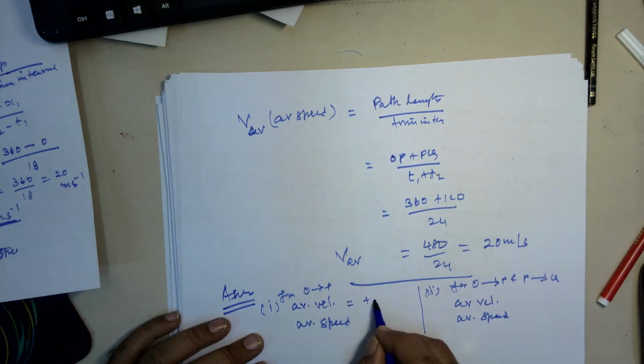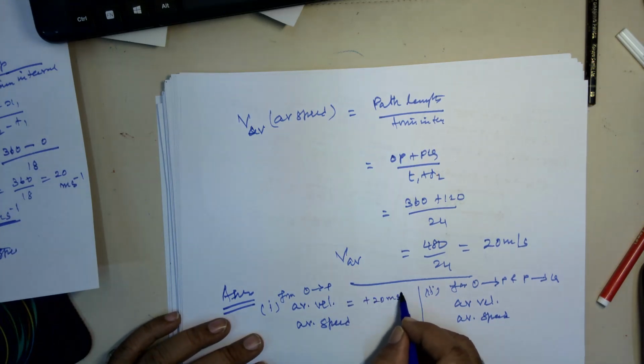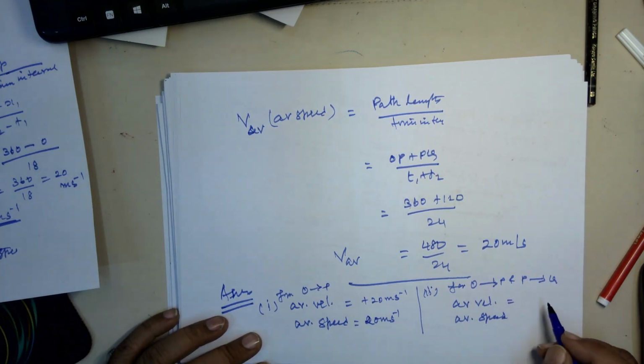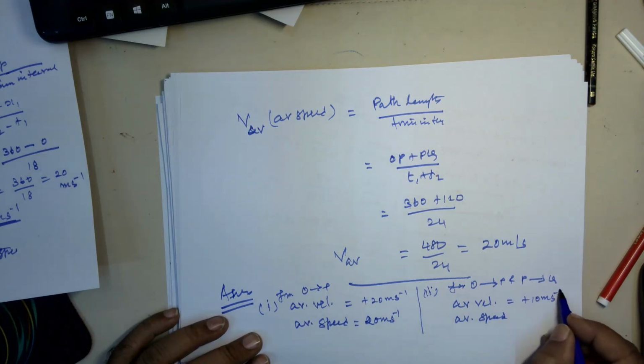Plus 20, and that is 20 meters per second. That is also 20 meters per second. And what about this? Plus 10 meters per second. Here, 20 meters per second.